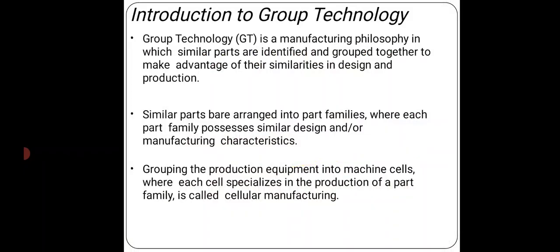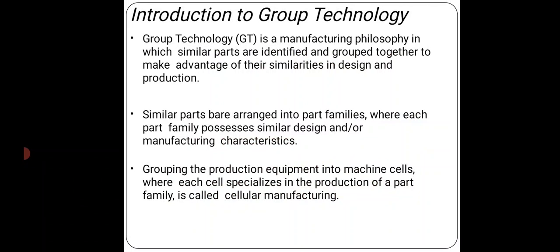First of all, Introduction to Group Technology. Group technology is a manufacturing philosophy in which similar parts are identified and grouped together to take advantage of their similarities in design and production.